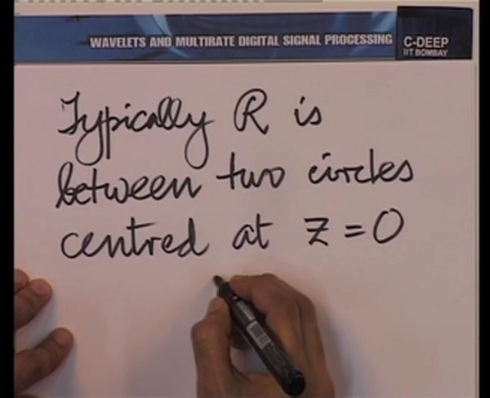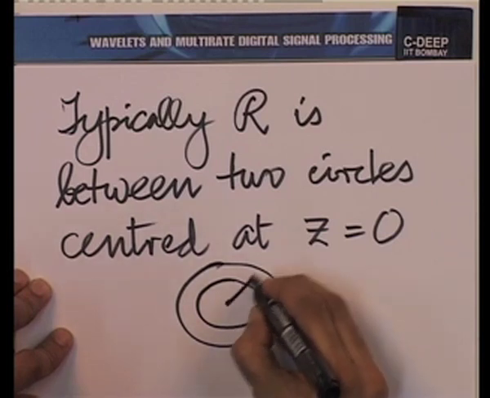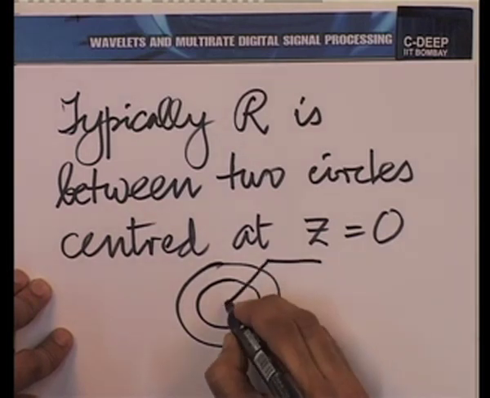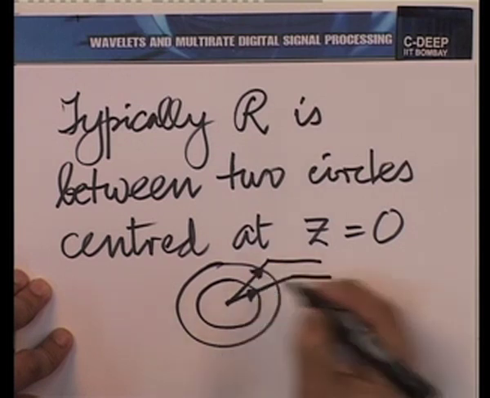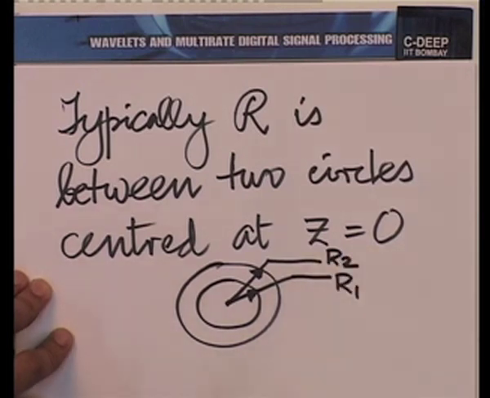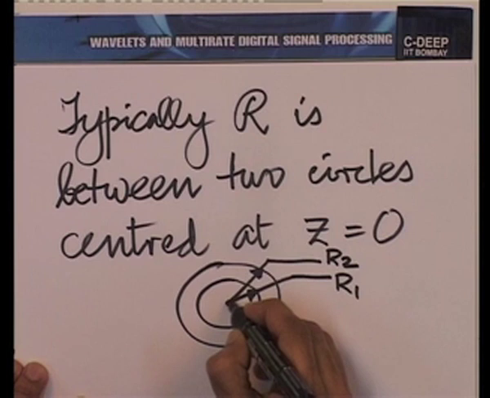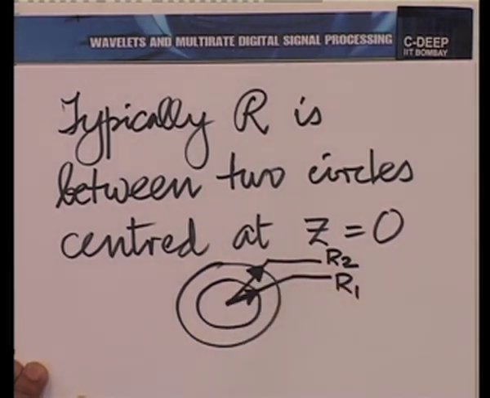So, it has an appearance something like this, and both of these are centered at the origin. So, you have R2 and R1. Here the radius is R1, and here the radius is R2.